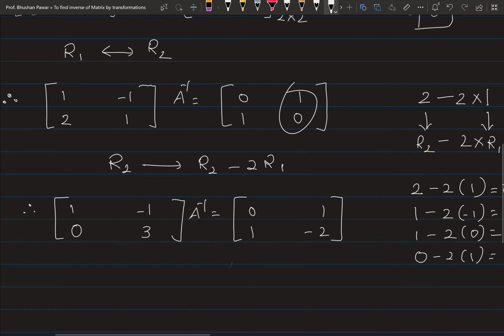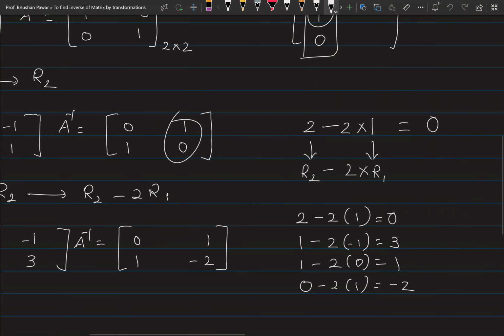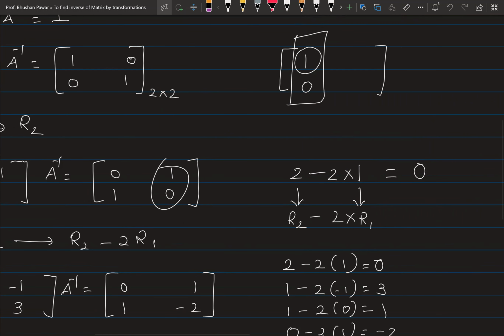Now after getting this 1 0 pattern, just as I had explained over here, we wanted 1, then we will try to get 0. After getting this 1 0 pattern, we are not going to use R1. The reason is that if we use R1, possibly you can get the 1 over here, but this 0 will be lost.